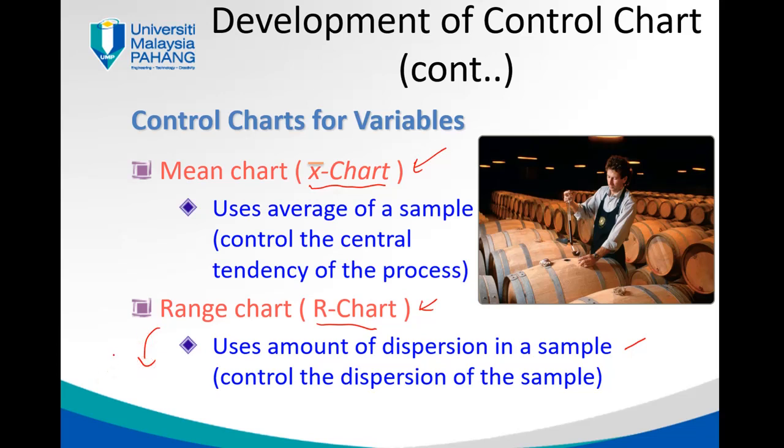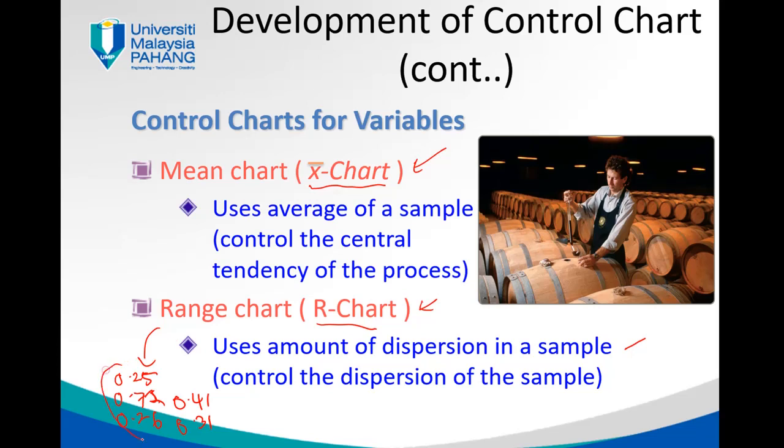For example, for one particular sample we take 5 readings: the first reading is 0.25, the second is 0.72, the third is 0.26, then 0.41 and 0.31.